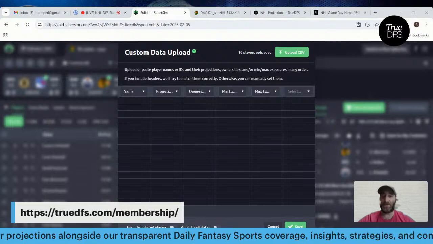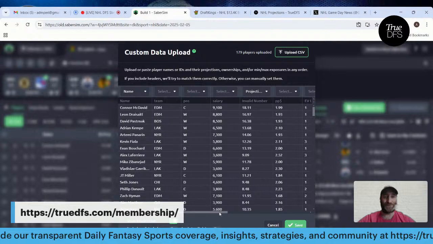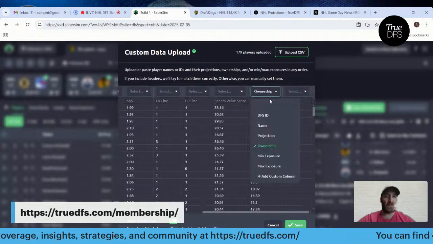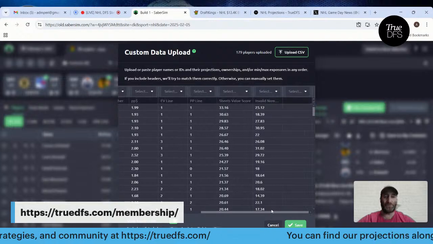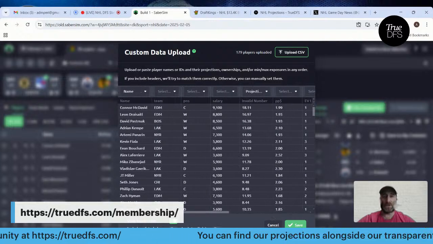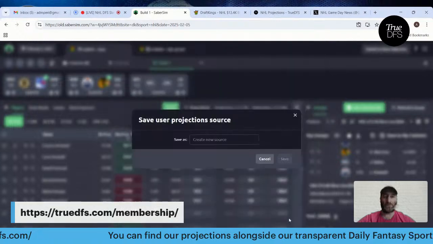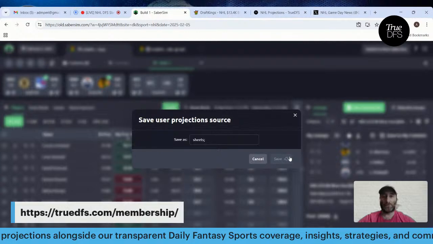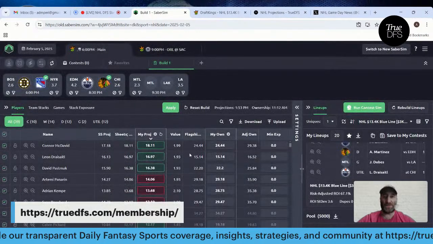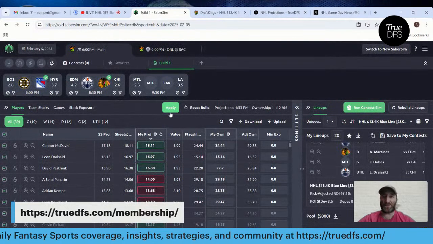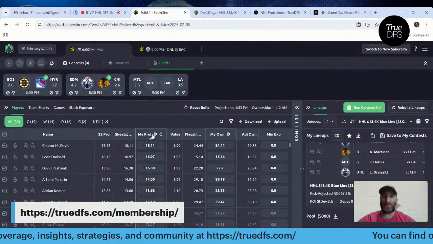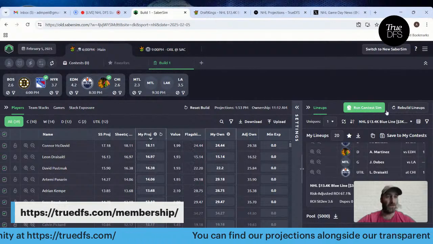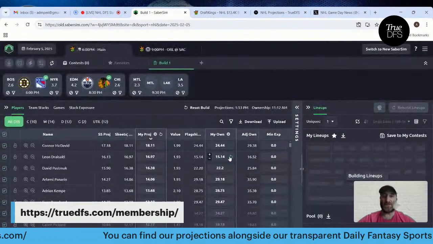But of course, we're not building for that right now. So let's just upload the projections and leave the ownership out. I'm going to continue to use what SaberSim thinks the high stakes ownership is going to be. But instead, I'm going to build using Sheets' projections.